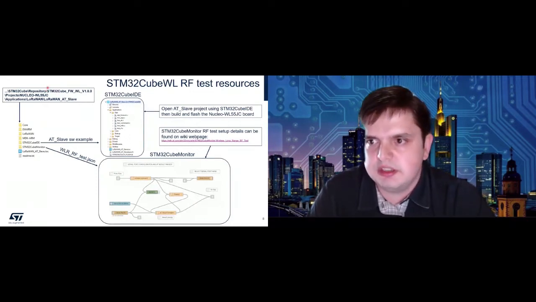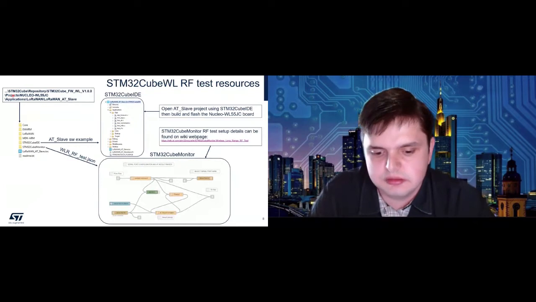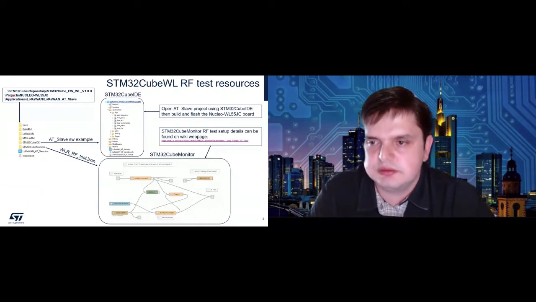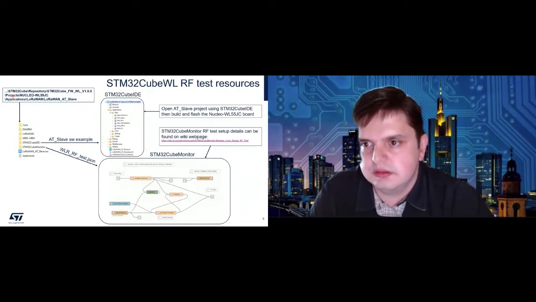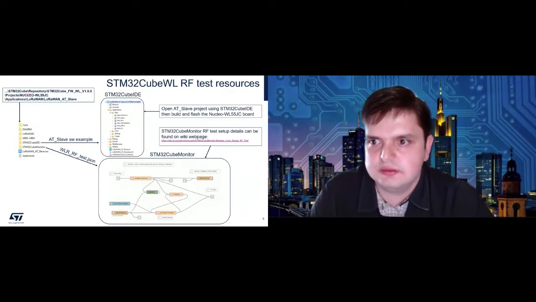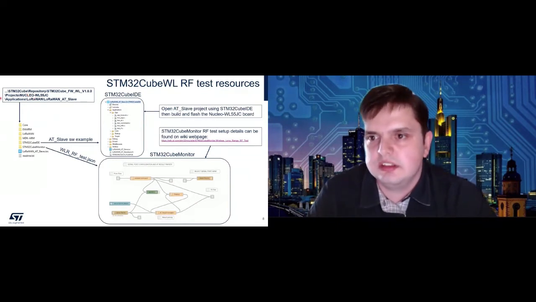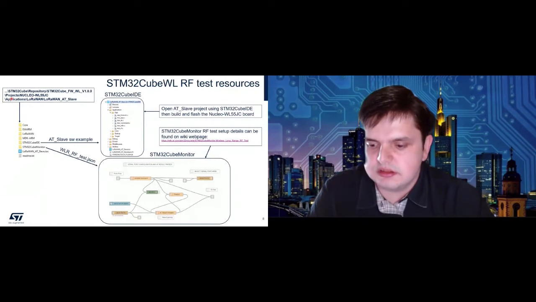Within this package, then we have two projects where you find all the examples for each evaluation hardware board. So in the case of WL, so far only the Nucleo WL. Then you have two applications. You have also examples and other features.